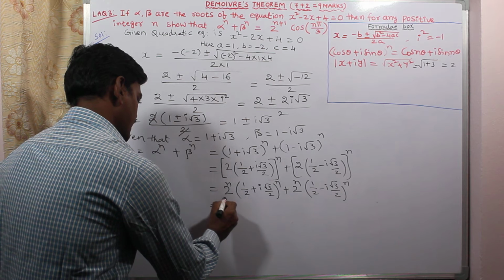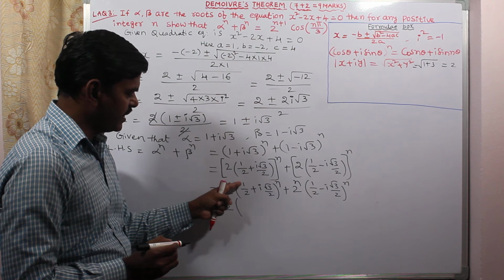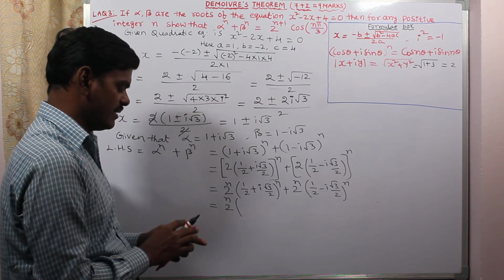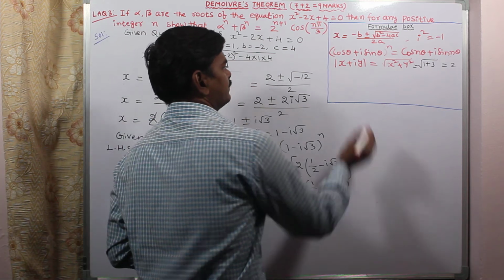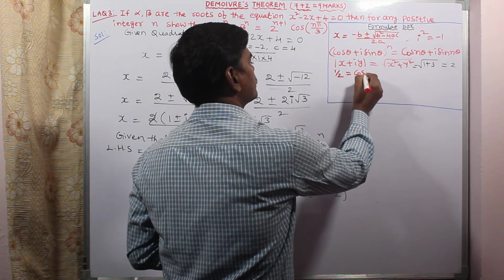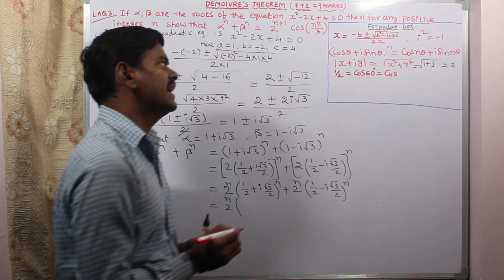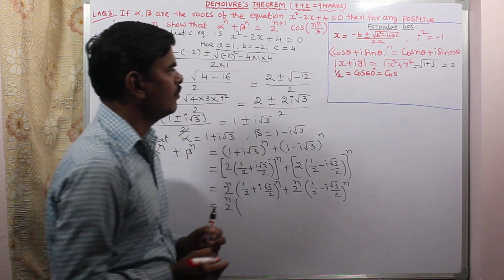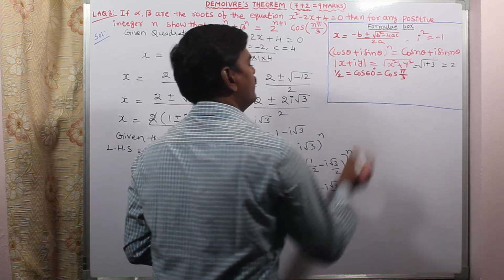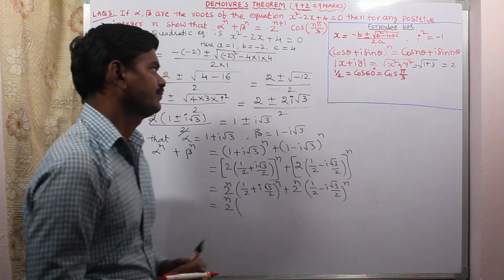Now we can write 2 power n same. Time to replace this 1 by 2 with cos term, and this root 3 by 2 with sin term. If I remind trigonometry values, 1 by 2 is nothing but cos 60 degrees. 60 degrees in radians: 180 degrees is known as pi, so 60 degrees is pi by 3. So 1 by 2 can be replaced with cos pi by 3.